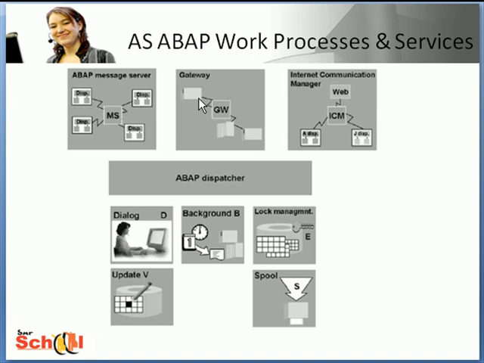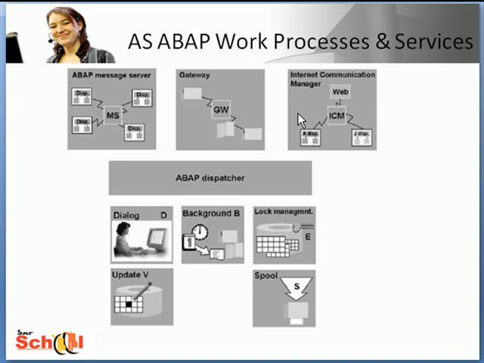The gateway reader enables communication within SAP systems, or it can also enable communication between an SAP system and an external application system. There is only ever one gateway per dispatcher. The Internet Communication Manager, also known as ICM, enables internet communication between an SAP system and web protocols such as HTTP. The ICM receives requests from the clients and forwards them to the SAP system for processing.